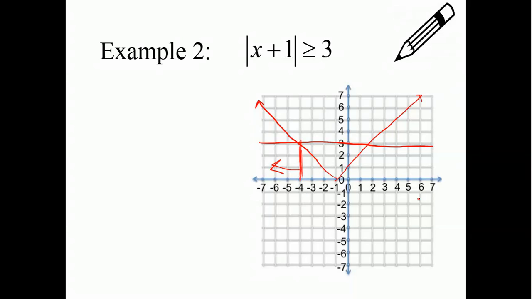And going that way. And starting at 2 and going that way. So we want everything, x needs to be less than negative 4, or x needs to be greater than or equal to 2. Who would have known? An or makes a comeback.